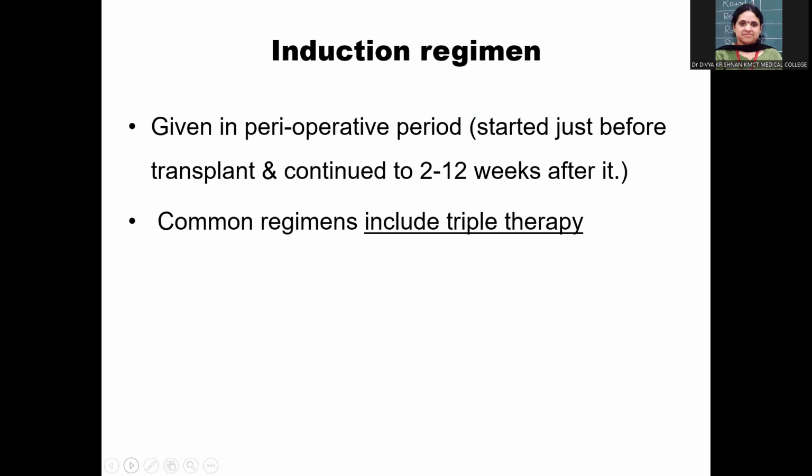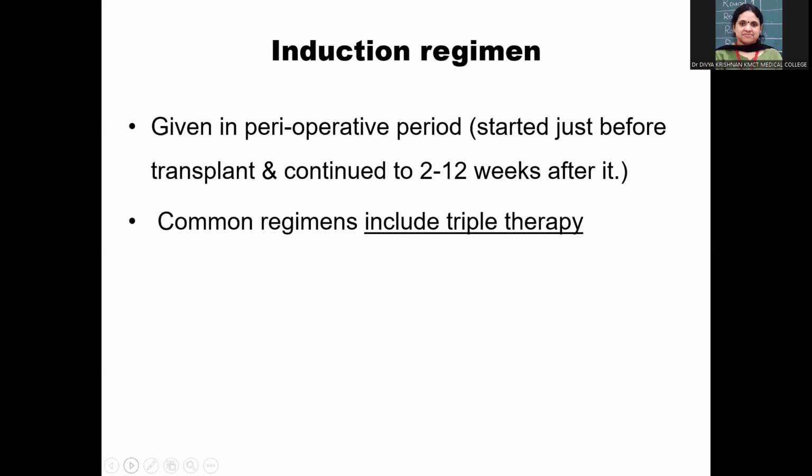That is, it is started just before the transplant, and it is continued to 2 to 12 weeks after the transplant. And the common regimens which are used for induction include triple therapy, where we are using drugs which are acting at different steps of the immune response.